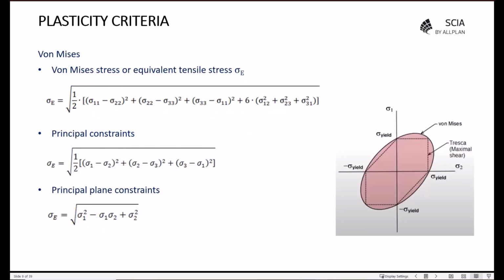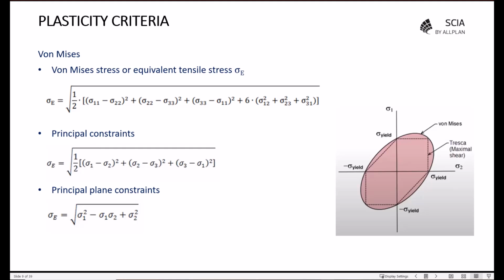For the practical part, how will the von Mises criteria be implemented in SCIA Engineer? Of course, SCIA is a finite element calculation program. The general von Mises formula, which is in a 3D environment, will first be calculated in the form of principal stresses, using sigma 1, sigma 2, and sigma 3.